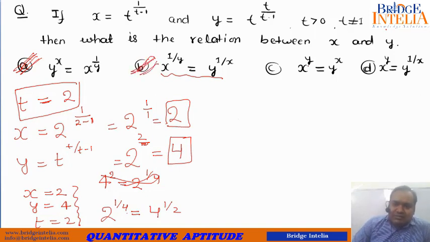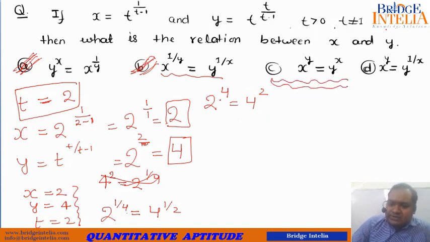Now let's have a look at option C. Is x to the power y, that means is 2 to the power 4 equal to 4 square? That means is 16 equal to 16? Of course yes. So this can be the correct answer. We have not ruled this out. It may be that by chance this appears to be correct, but at least this is not ruled out.